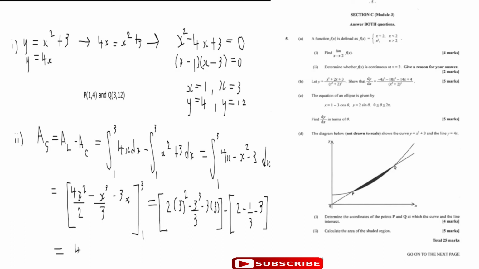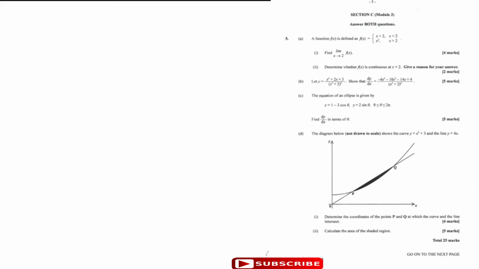So the area is 4 over 3. And remember, area is in units squared. So the area is 4 over 3 units squared. Nice and easy, soft. Now we're at the final question of the paper.